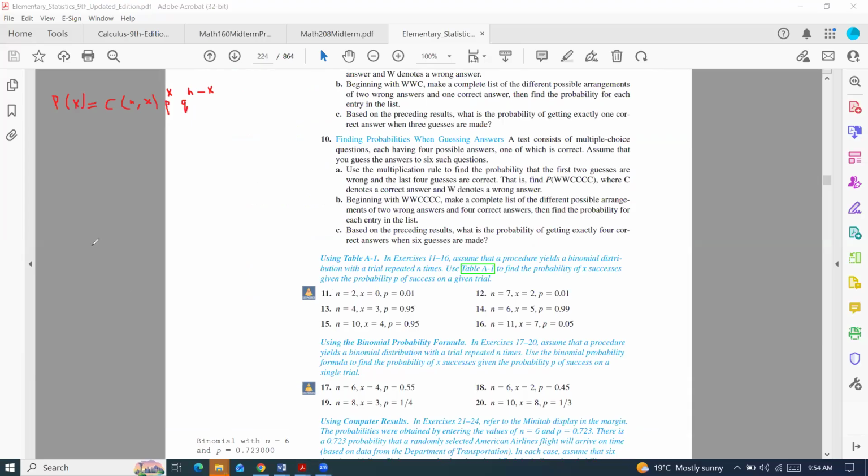That says n is equal to 2, and then we have also number of successes equal to 0, and probability of doing the experiment and producing a success is equal to 1%. So this is a so-called special binomial experiment.